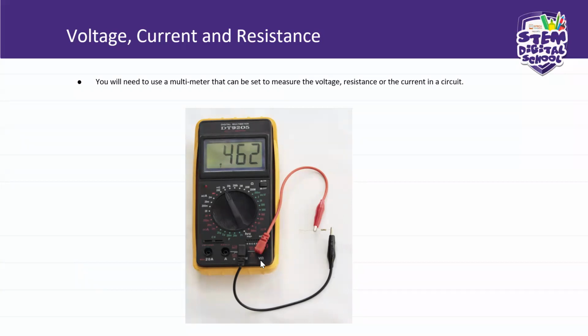It's a V and ohm, a V and omega sign. The omega sign is the one that we use for ohms, right? And then the black one, although we cannot see, is normally connected to COM, to common. That's where you connect the black one. And then that is how you measure the resistance of your resistors.